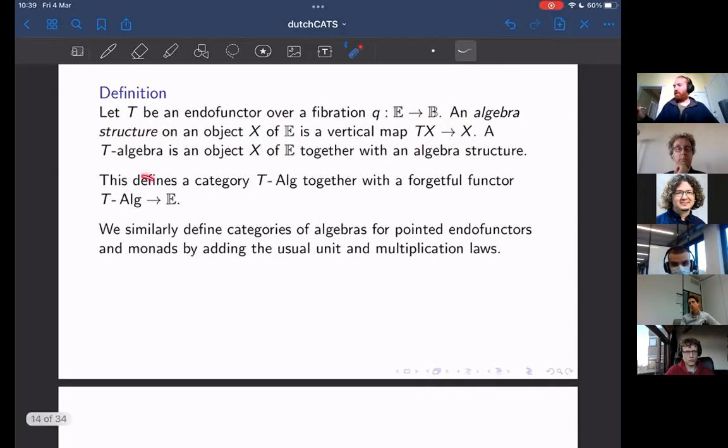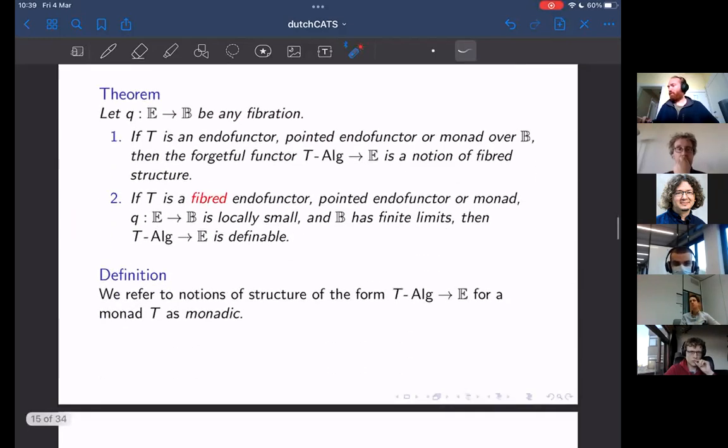Okay, and so this defines a forgetful functor, and this always gives a notion of structure on the fibration E, and it may or may not be definable. Sometimes it is.